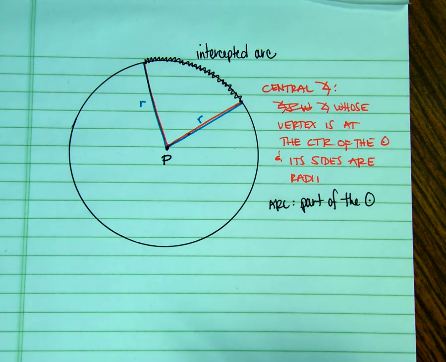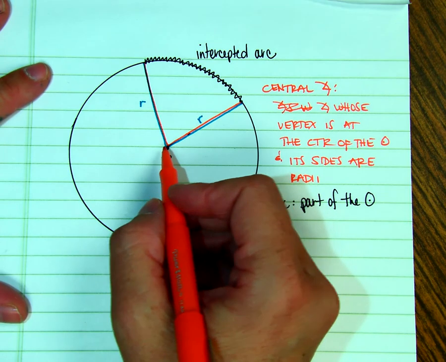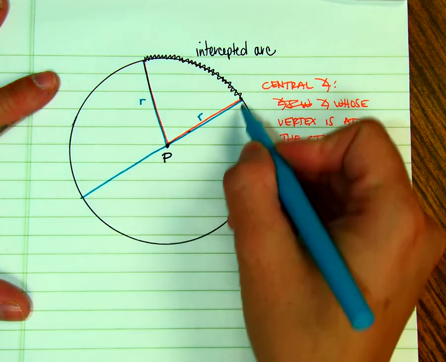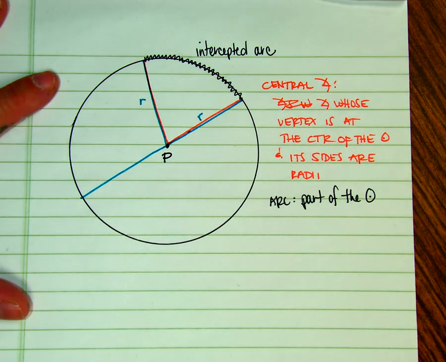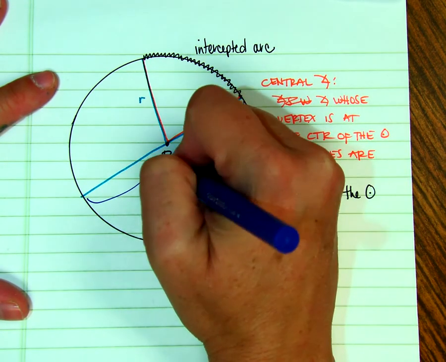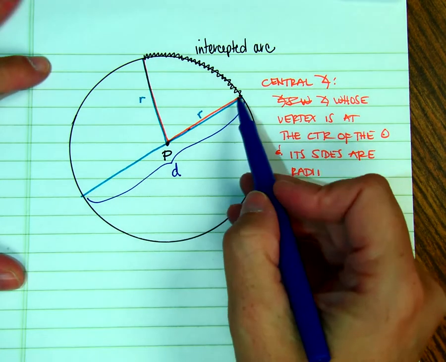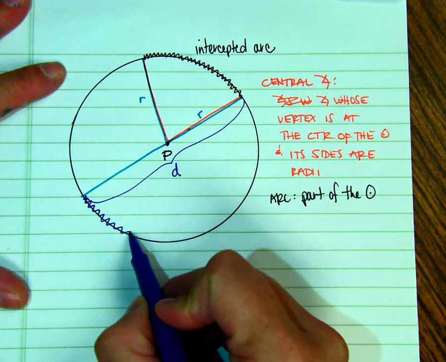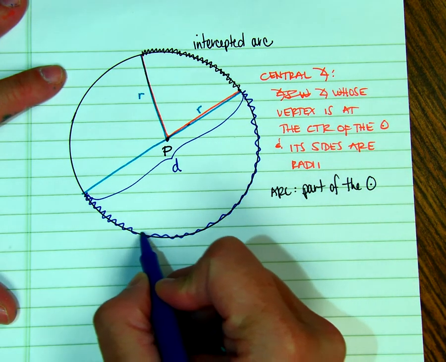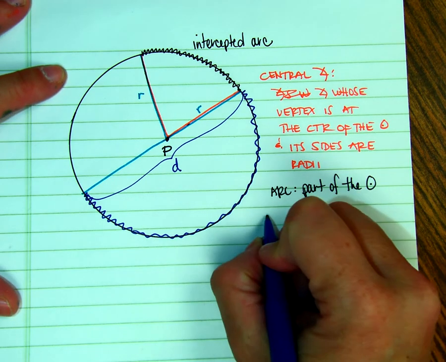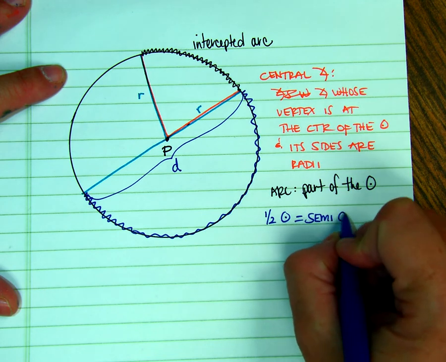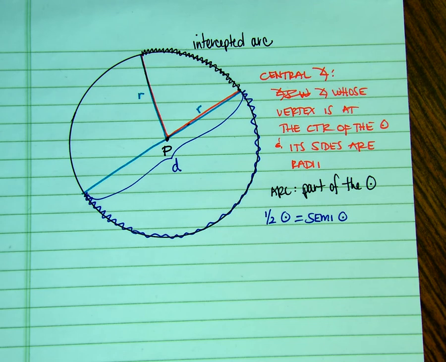Let's see, I'm going to extend this radius out, so I'm making this one big diameter. So this is a diameter D, and half of the circle is called a semicircle. Okay, so half of a circle is called a semicircle.